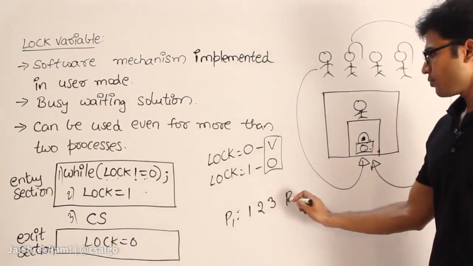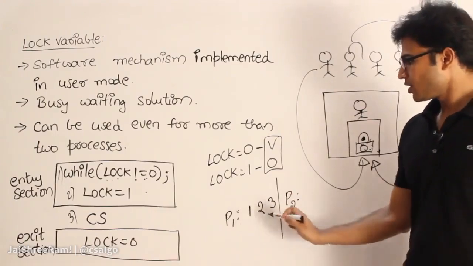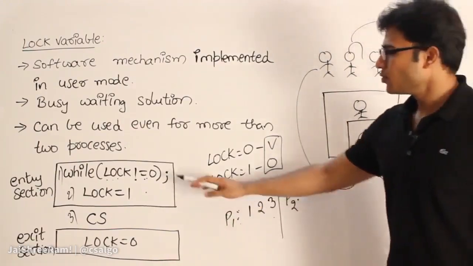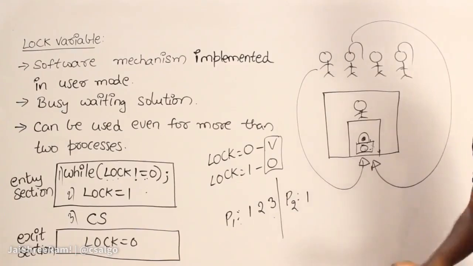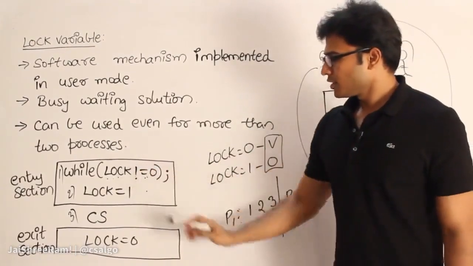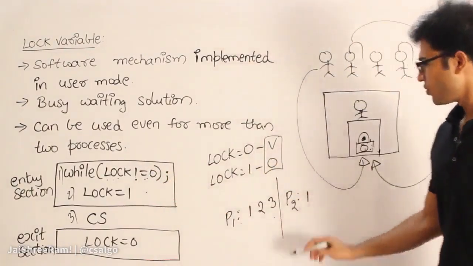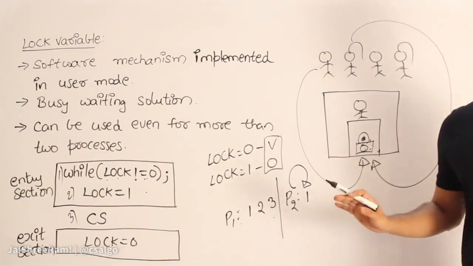And at this time process P2 has come for execution. P1 got preempted, and now it's the turn for P2 to run. Now what P2 will do is, P2 will initially run line number 1, and now it is saying that if lock not equal to 0, yes, lock is not equal to 0, you be in the infinite loop, therefore P2 is going to be in the infinite loop in line number 1 forever.